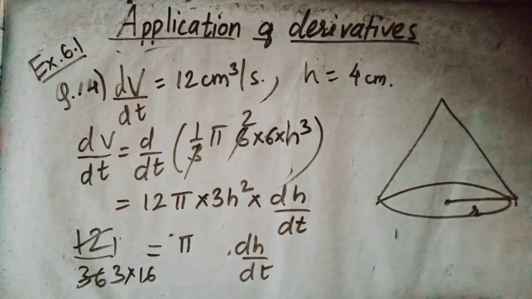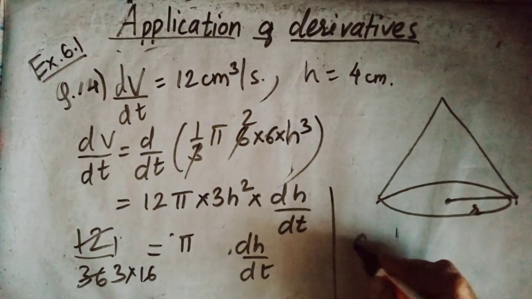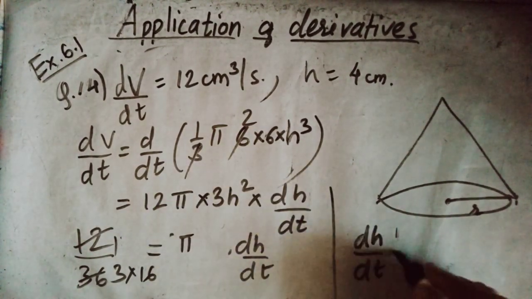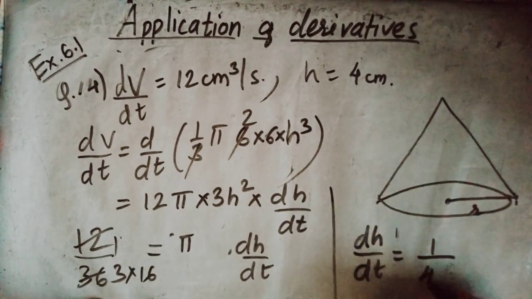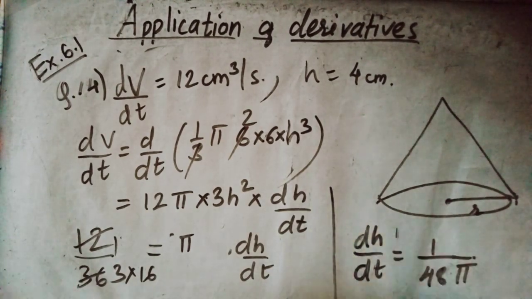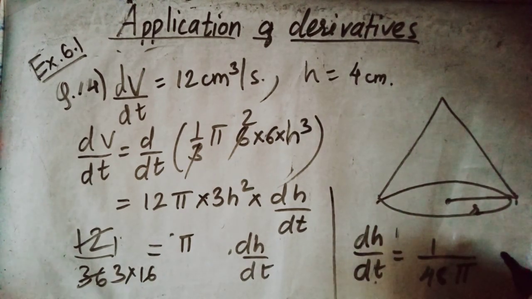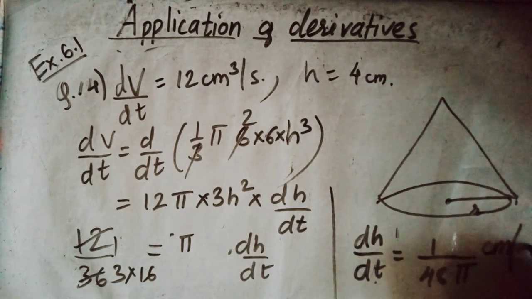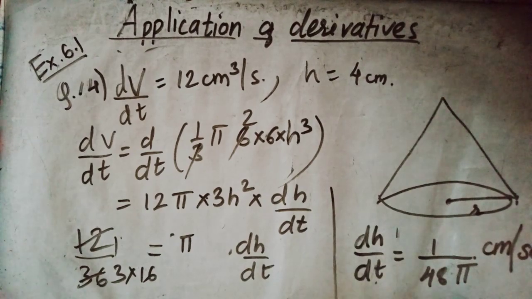So this will be dh by dt equals 1/48 pi. So your height is changing with respect to t, that is increasing, since it is positive, and height is a length, so centimeter per second.